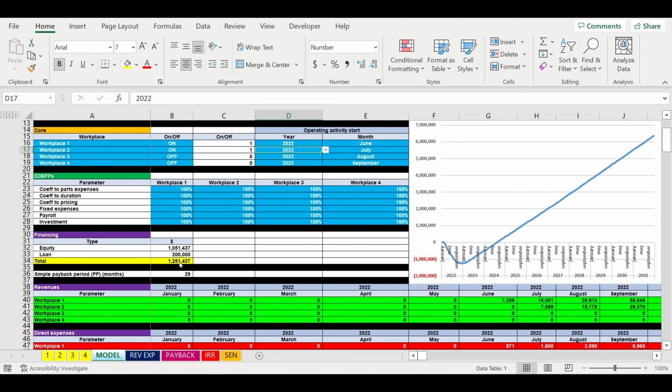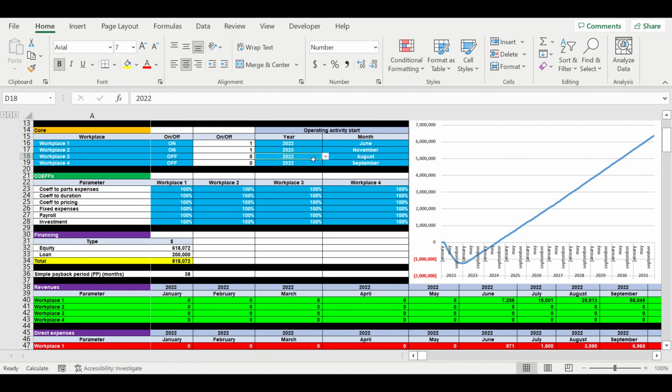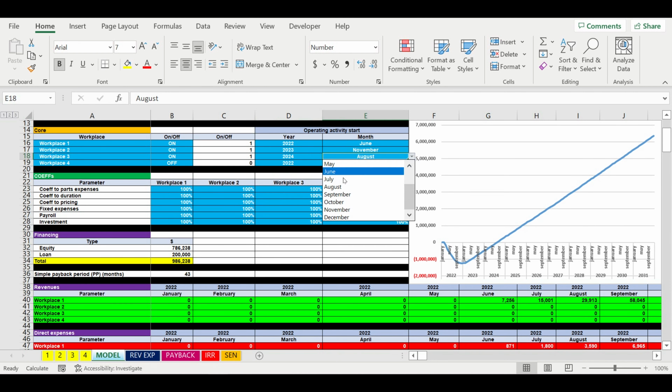So let's look here, so we can see maybe in November. So the next we can open using cash from the first two. For example, April.